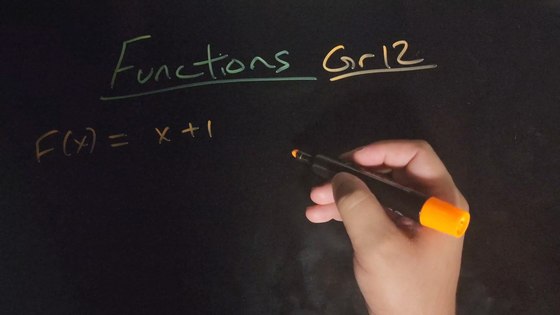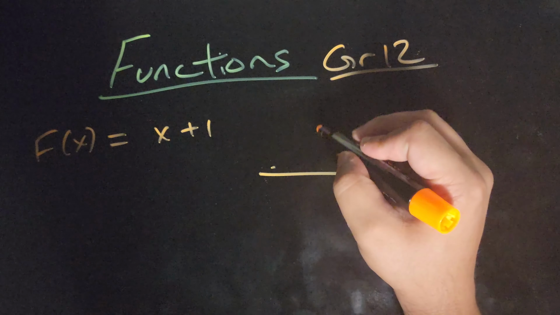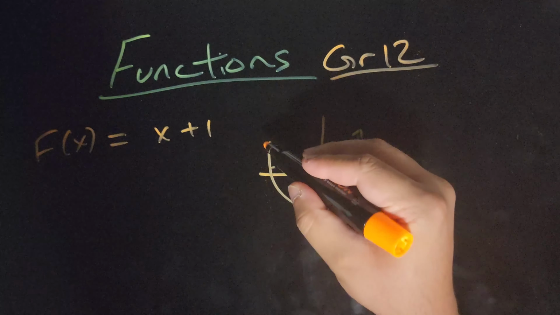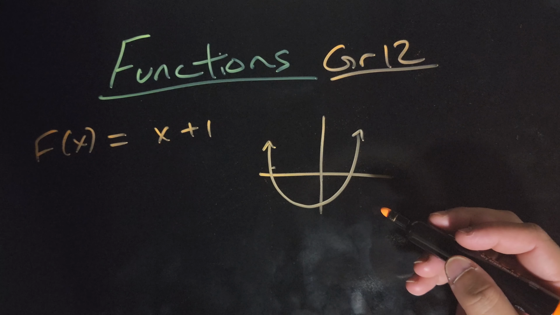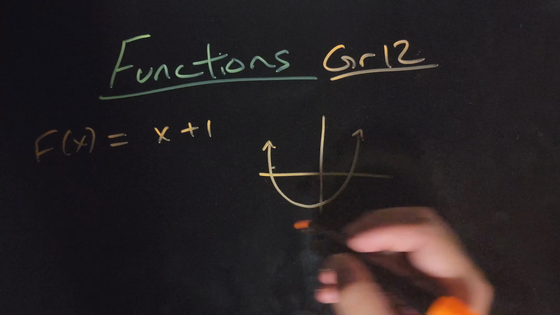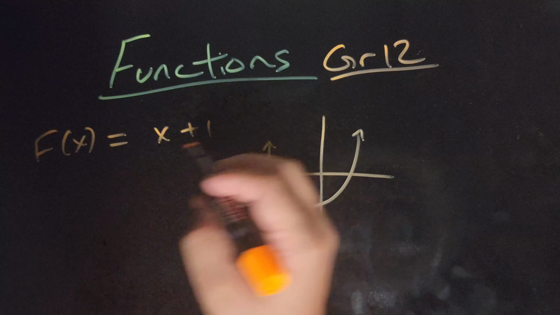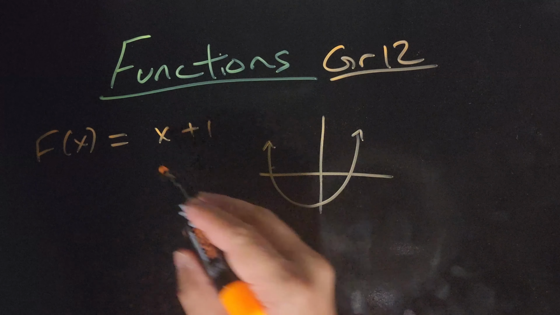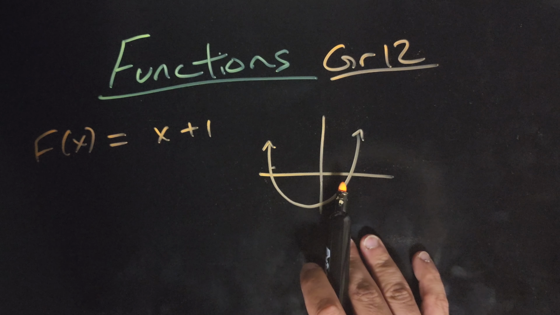You also have to remember that when we have any sort of function, every input only has one output. So for every x value, we should have one output y value.